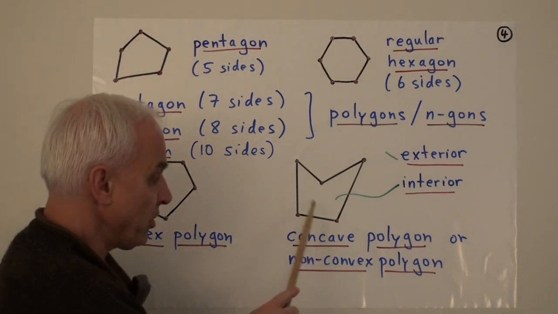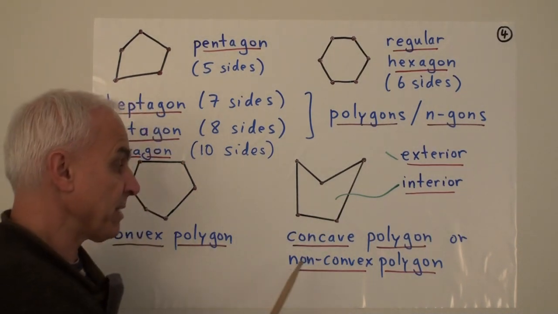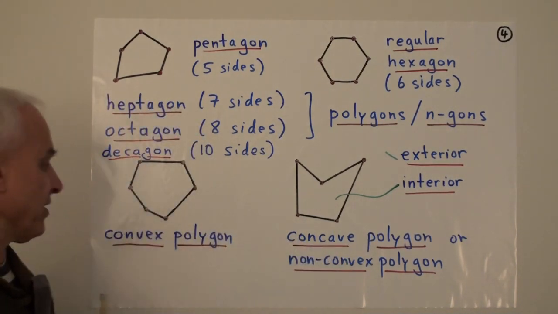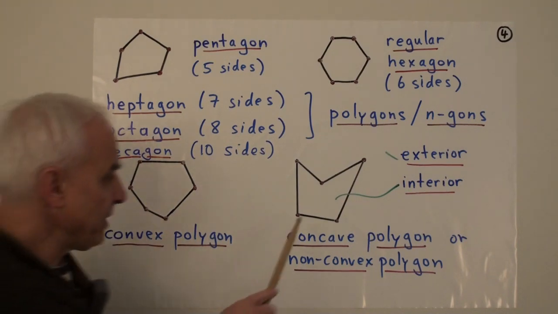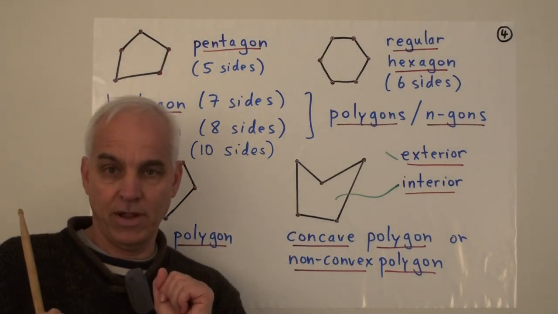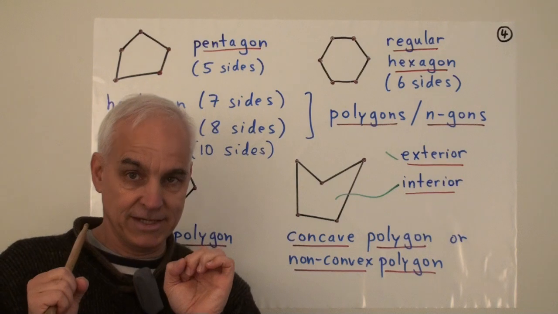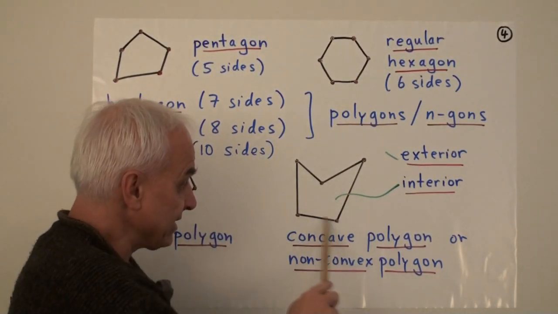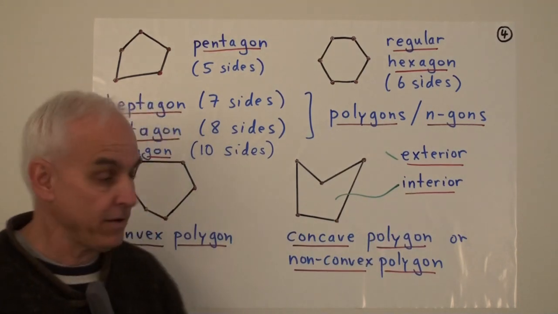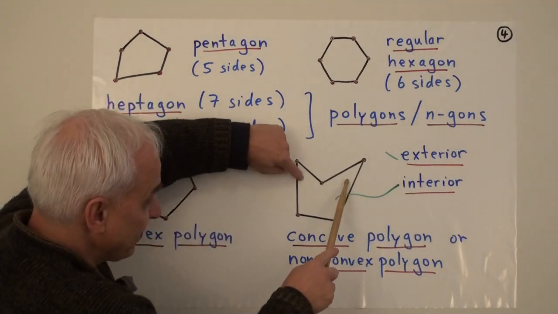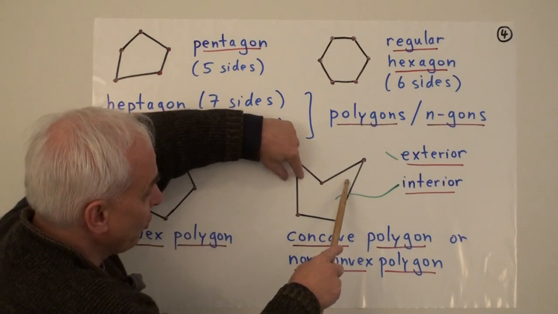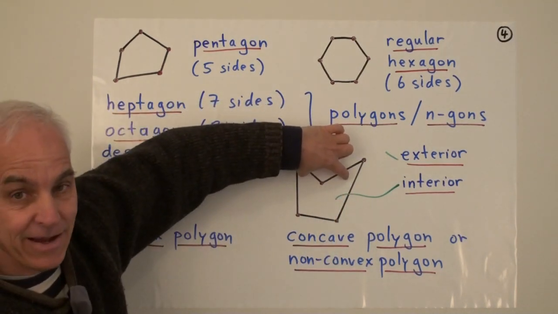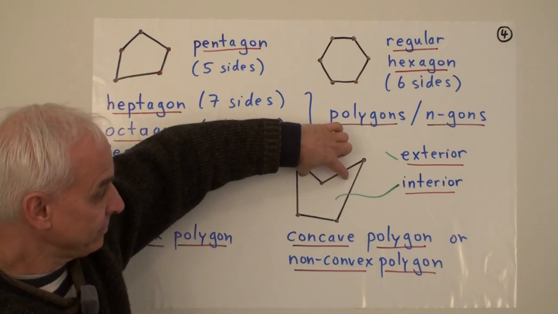Here is a non-convex polygon, sometimes called a concave polygon. So concave is the opposite of convex. And this means that it's not always true that if you take 2 points inside, in other words, in the interior, this is the inside or the interior of the polygon. If you take any 2 points, then it's not always true that the line segment joining them is contained completely inside the polygon.